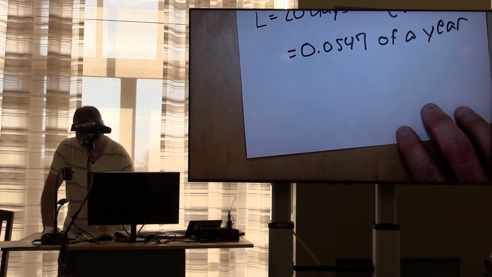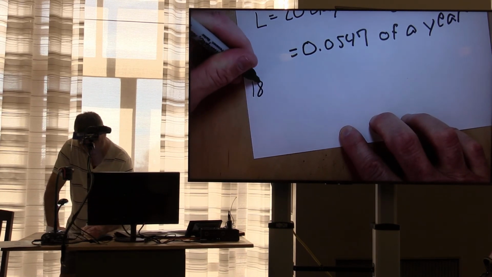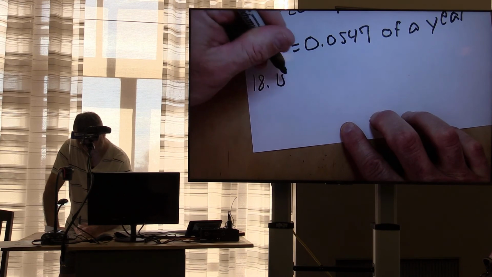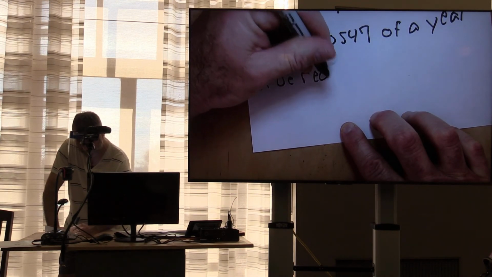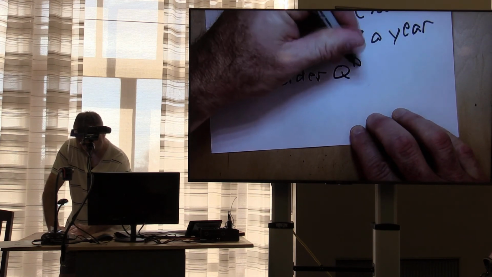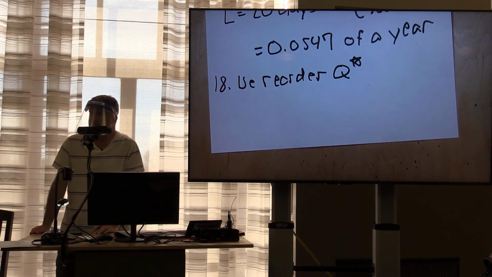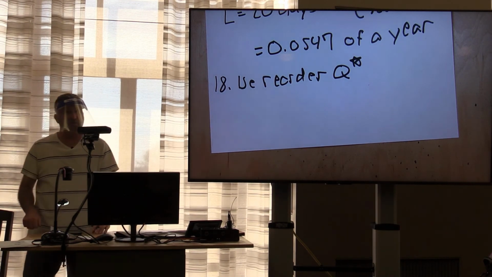And so that means, to answer number 18, now that we have a lead time, does Q star change? Look at your equation for Q star.